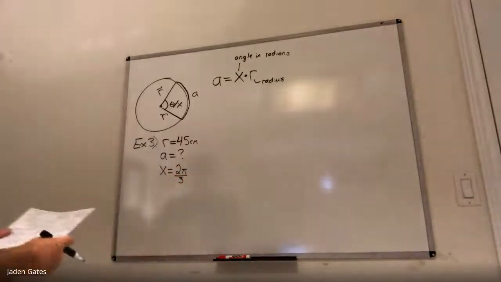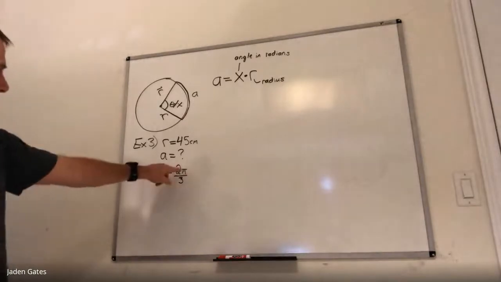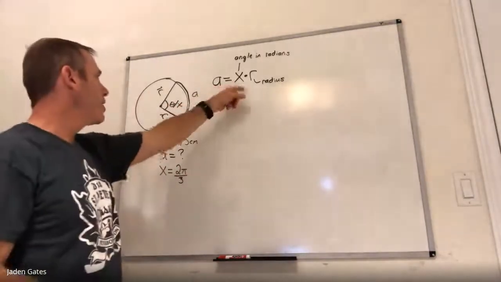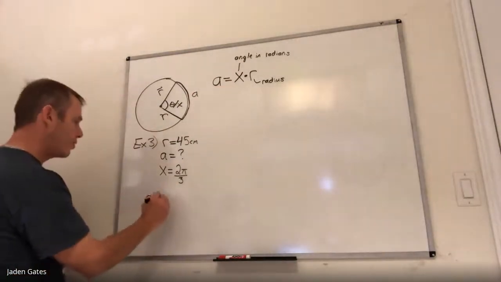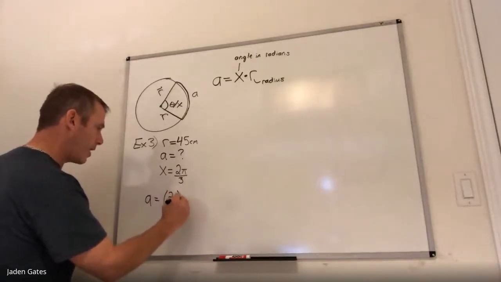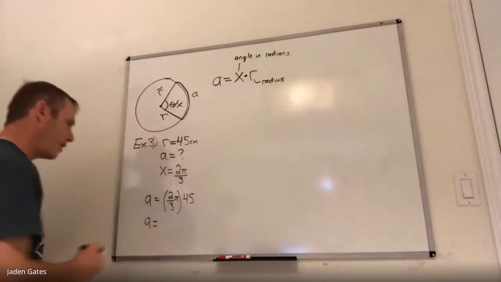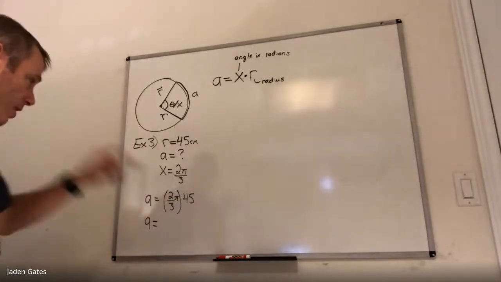Now I'm lucky because it's already in radians, right? When we have a pi in there, 2/3 pi, that angle is in radians, which is good. And so I can just substitute into my formula. We have A is equal to 2/3 pi times the 45. 2 times 45 is 90, divided by 3 is 30.